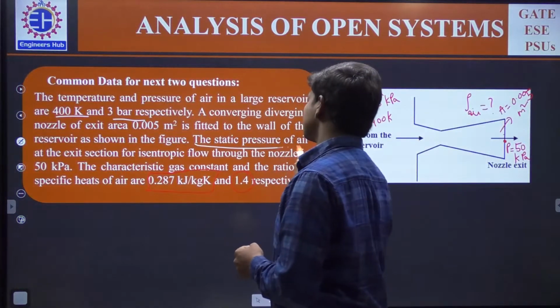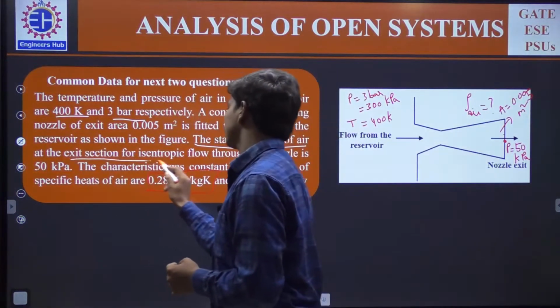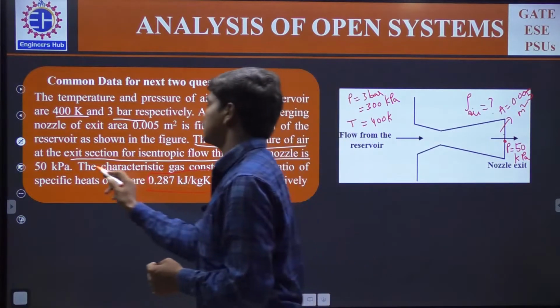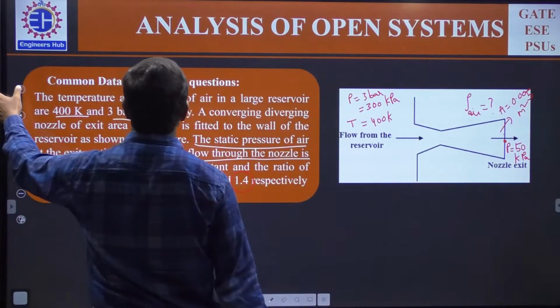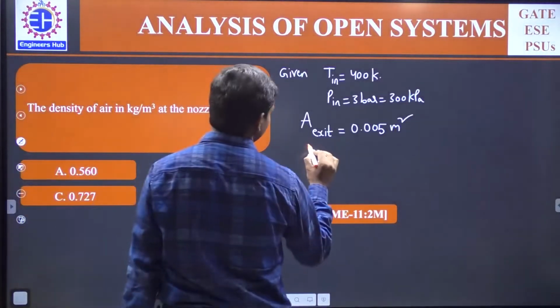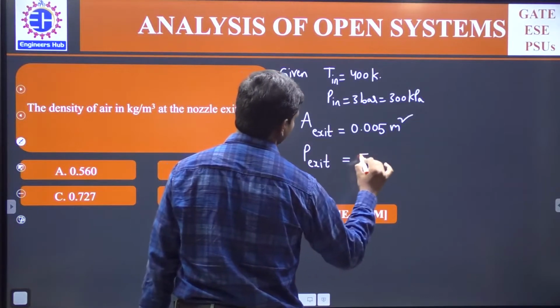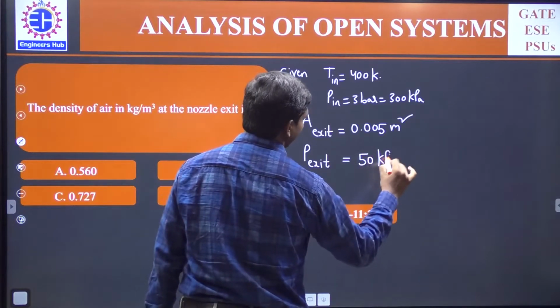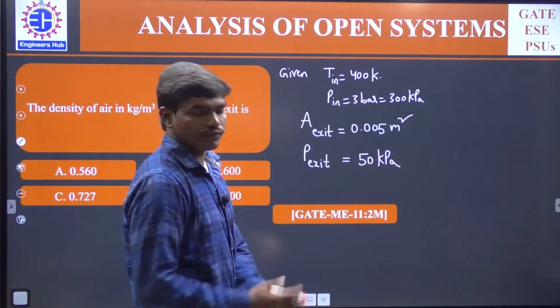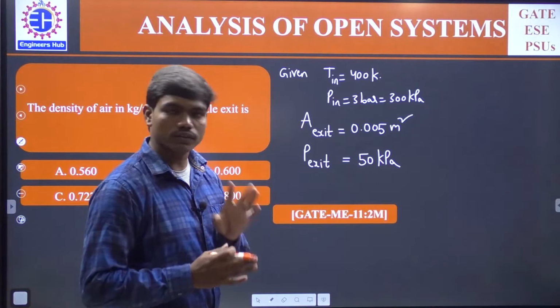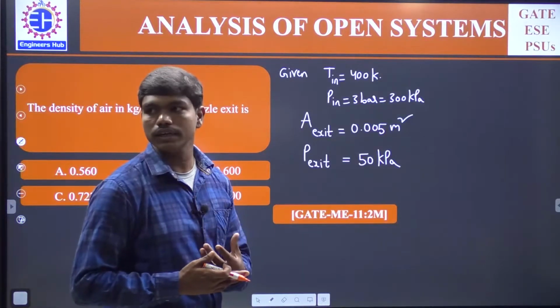Next, it is fitted to the wall of the nozzle as shown in the figure. The static pressure of A at the exit section for the isentropic flow through the nozzle is 50 kPa. So P exit, of course we are dealing with only static pressures, is 50 kPa. Isentropic flow, we didn't discuss entropy, but isentropic flow is the flow which is reversibly adiabatic.